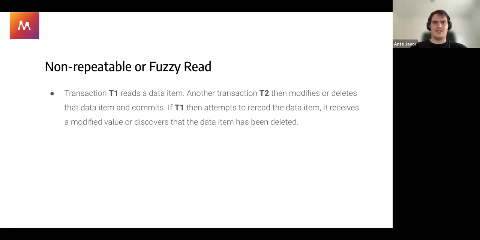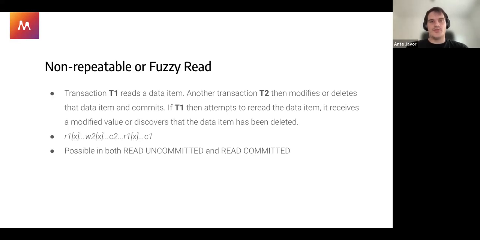So essentially, this is a non-repeatable or fuzzy read. It goes like this. T1 reads, T2 writes, and then if transaction 2 commits, transaction 1 again reads wrong data. And if transaction 1 commits, you essentially have the wrong data again.